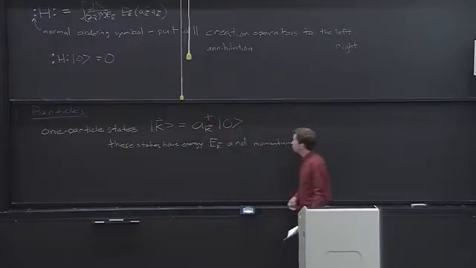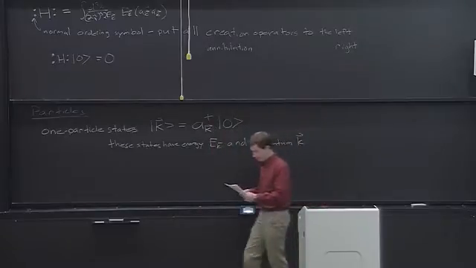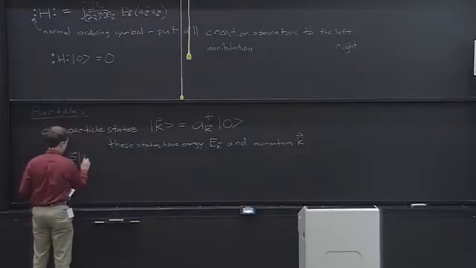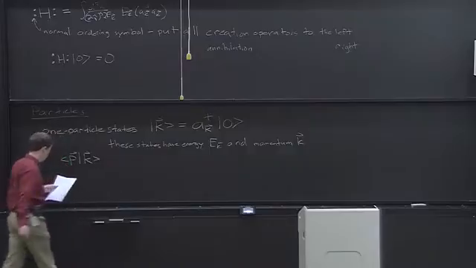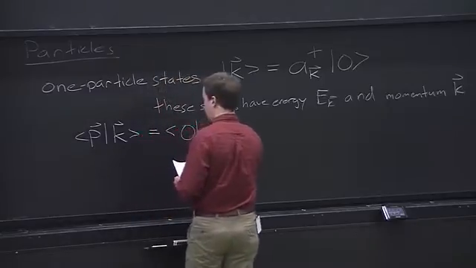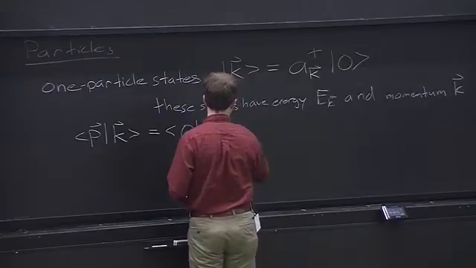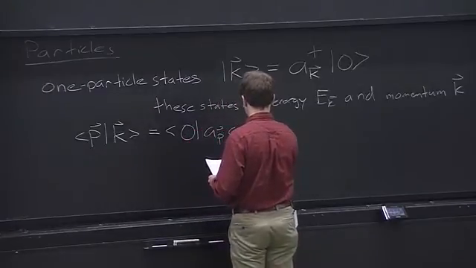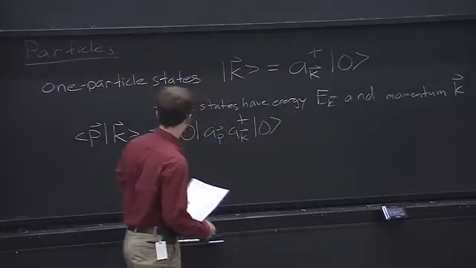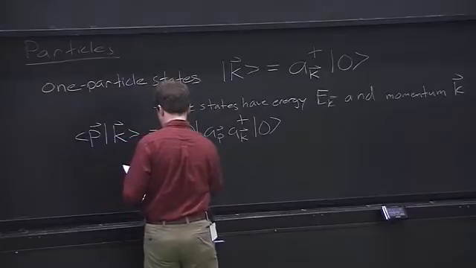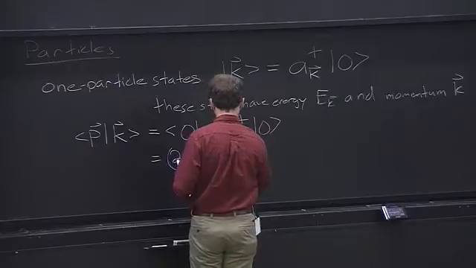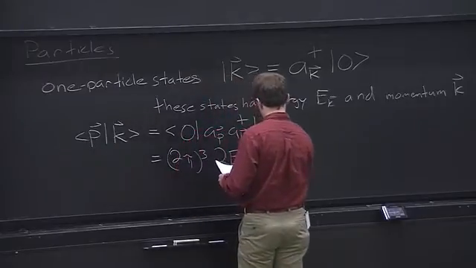So let's look at the overlap between the state |p> and the state |k>. This is just <0| a_p a_k dagger |0>, which, using our commutation relations, is just (2 pi)^3 times 2 E_k delta(p minus k).